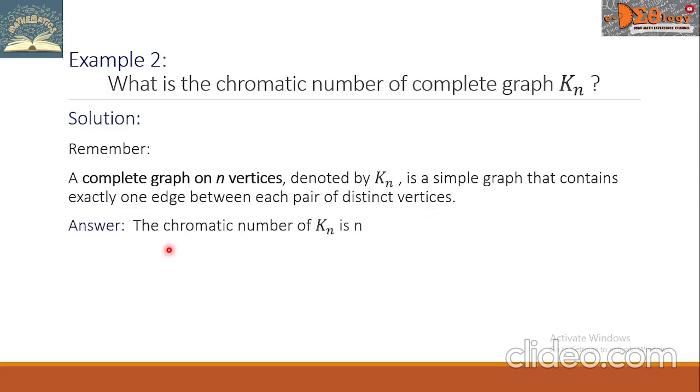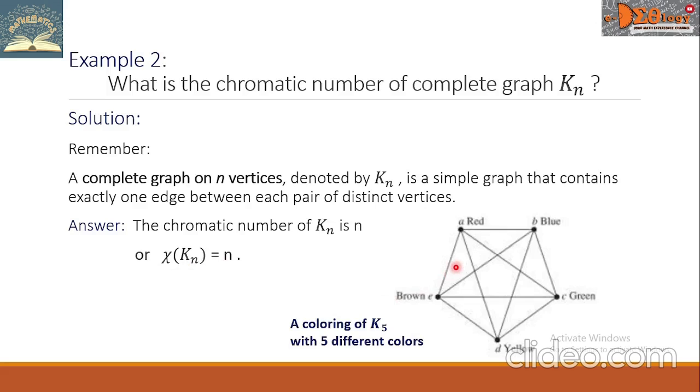The answer here is the chromatic number of K sub n is n, or chi of K sub n equals n. Here's one example. For K sub 5, we can see that for each of the vertices, we have 5 different colors.